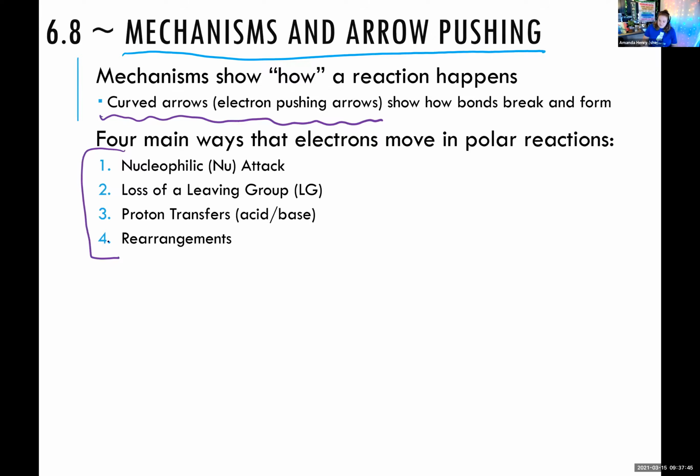In order to understand them, you have to know these things. So in this chapter, understanding these 4 types of arrows is going to be really important, and being able to see what's happening and know why it's happening is going to be super important, because we are going to apply these 4 types of mechanisms in every chapter from here until the end of fall semester.